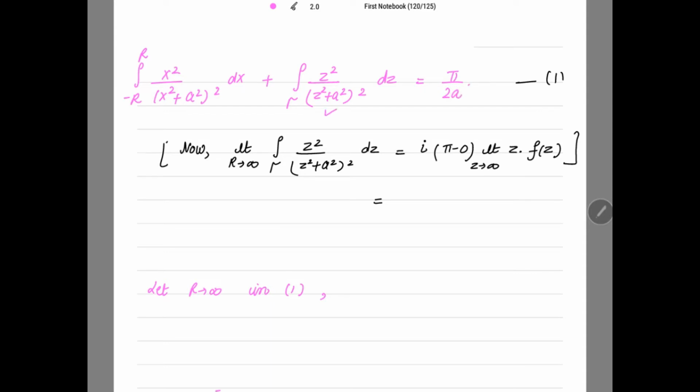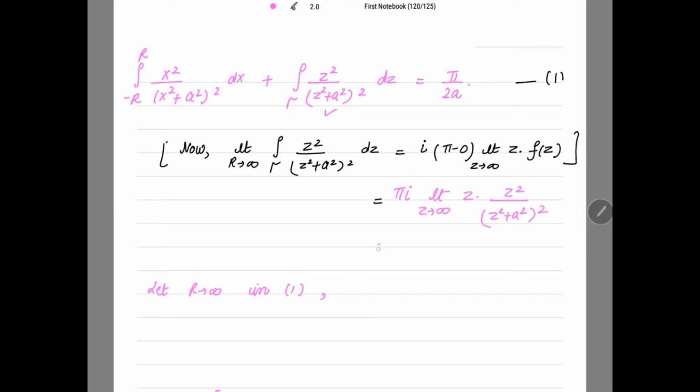Now I have to calculate this one. Apply limit R tends to infinity on the integration along tau of z square over (z square plus a square) whole square dz. This is the formula you have to remember: it is equal to iota times pi minus 0, limit z tends to infinity, z into f(z). So this can be written as pi iota, limit z tends to infinity, z into f(z), where f(z) is z square over (z square plus a square) whole square.